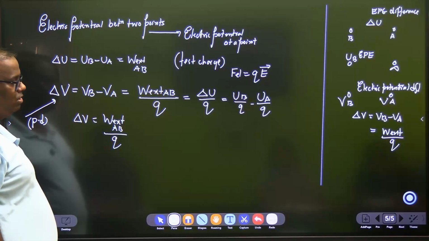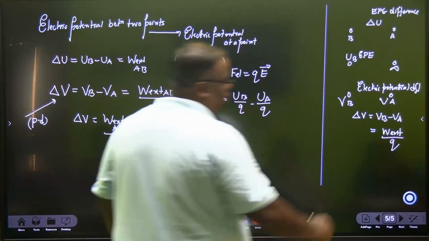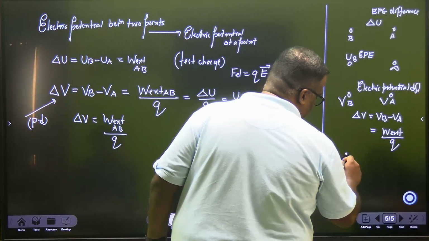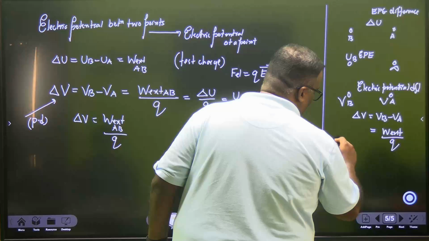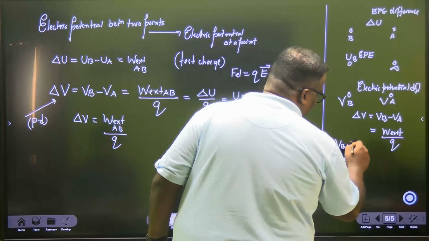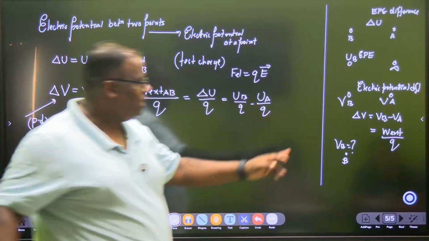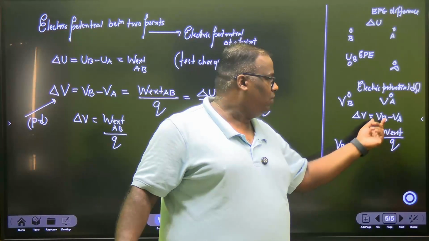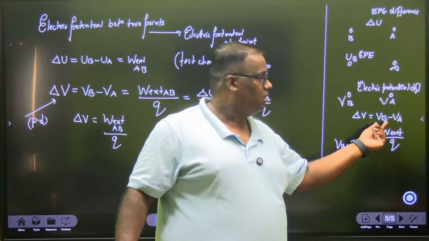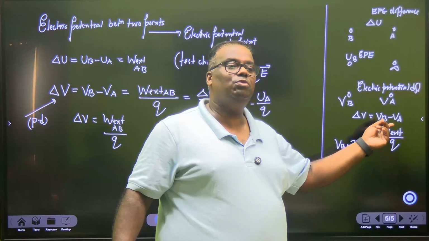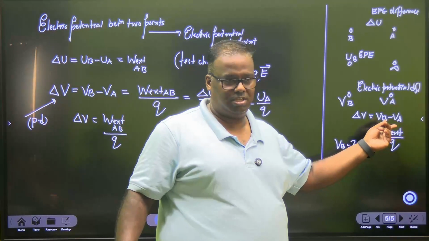Whatever you have brought. Our next consideration would be to find out, I have a point P, or say the point B for your sake. What is the value of the electric potential here? I can find it out by this. I want the value of VB. VA must be made 0. So you will move the charge now from infinity.